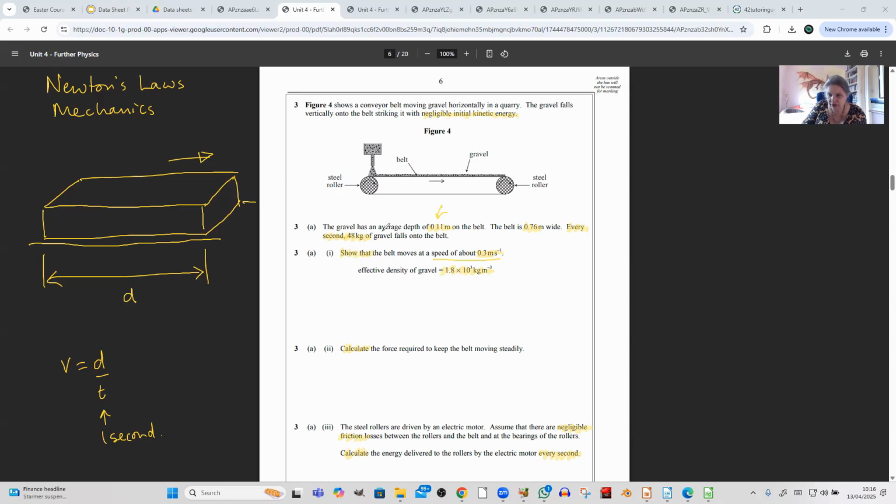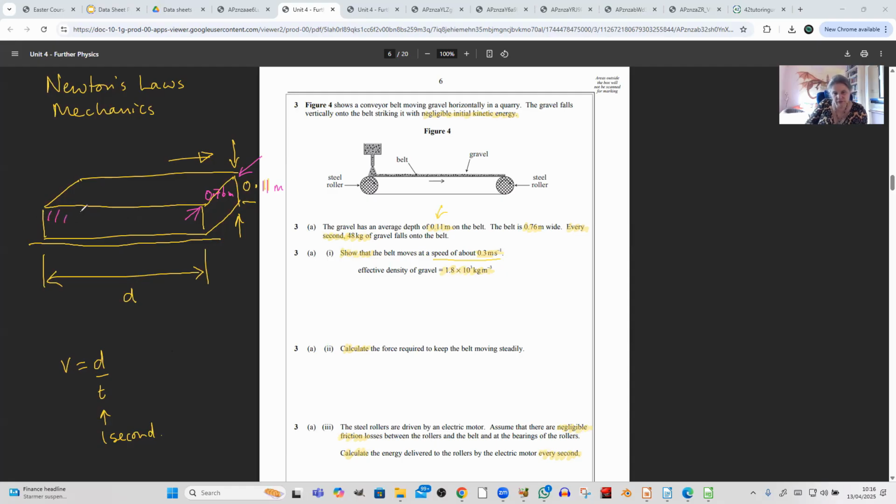Then it says the gravel has an average depth of, and we've got the depth information. Let's add these numbers. 0.11 meters, so 11 centimeters, and the belt is 0.76 meters wide. And we've got 48 kilograms every second.